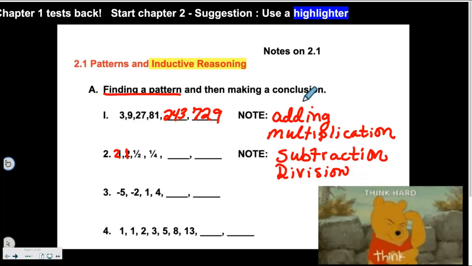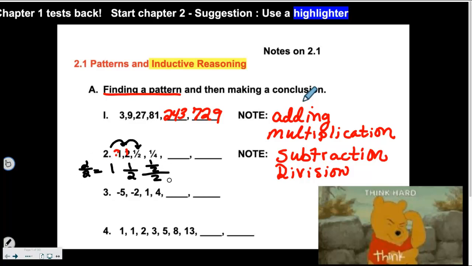Well, let's check that out. If I go from 2 to 1, I would have had to have done 2 divided by 2. And then if I continue, the next thing I'd have to do is 1 divided by 2. That does give me a half. And then I'd have to do a half and divide it by 2. And when I cut a half of a pizza into halves again, I get a fourth of the piece.